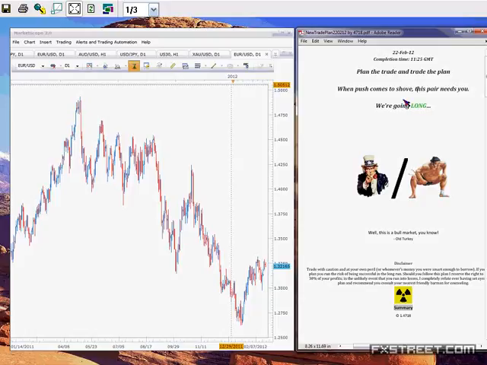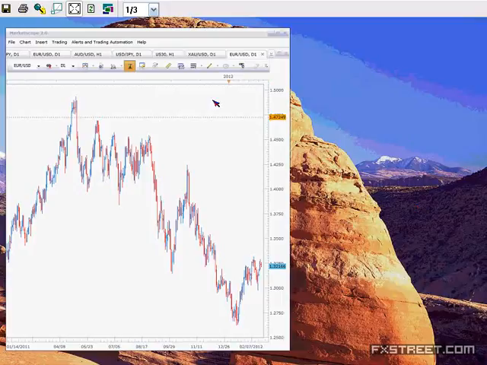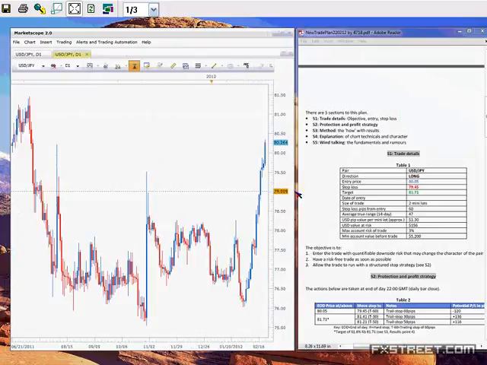Looking at USD yen and planning to go long. Okay, now I just picked up this plan. I haven't had a chance to even study it, which is fine, because that just gives you a good idea. Let me close some of these extra charts down.